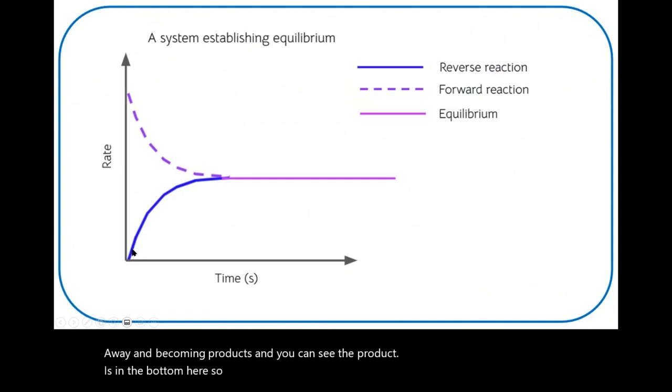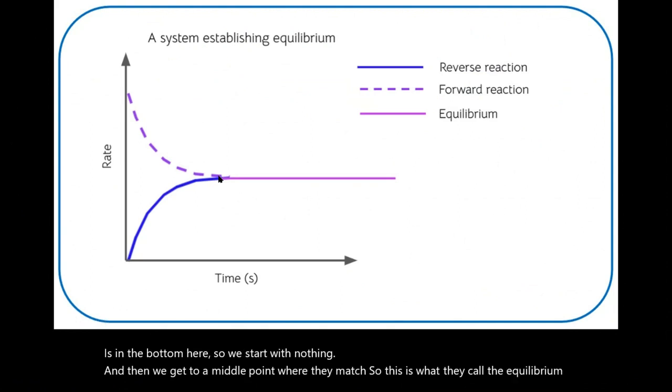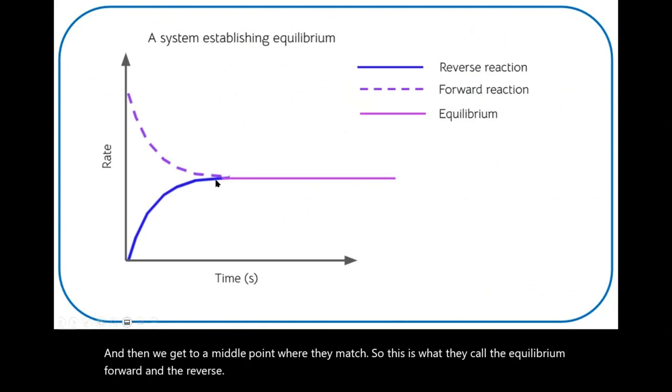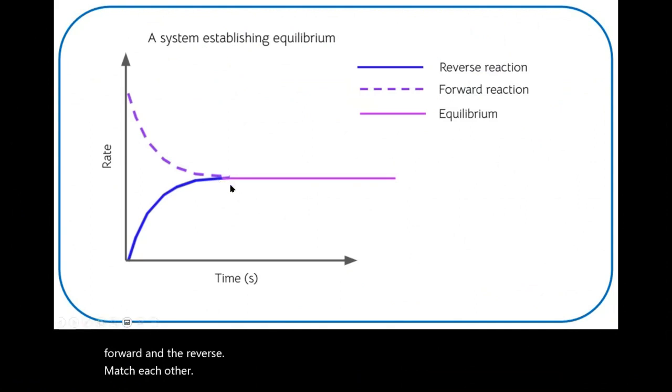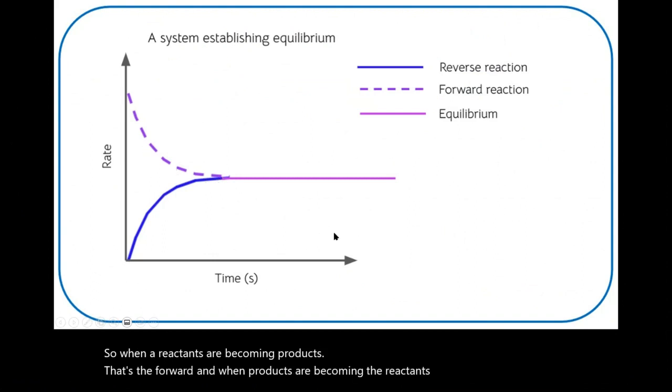We start with no product, and then we get to a middle point where they match. This is what they call equilibrium: the forward and the reverse match each other. When reactants are becoming products, that's the forward reaction, and when products are becoming reactants, that's called the reverse.